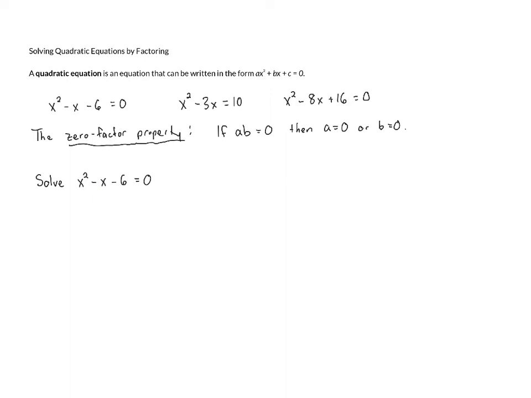So they're not like terms. We can't be combining them. And there's no way to just get x alone on one side and end up with x equals a number.